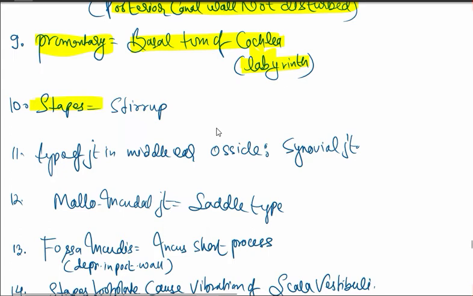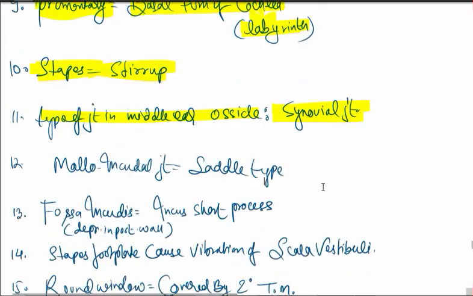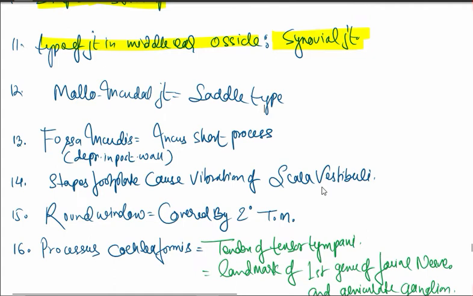Next one, stapes. It is also known as the stirrup. Next one, the type of joint between the middle ear ossicles. What is this? Synovial joint. Next one, the malleo-incudal joint is a saddle type of joint.